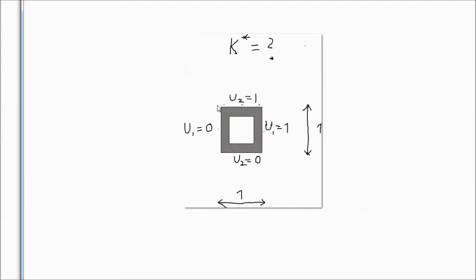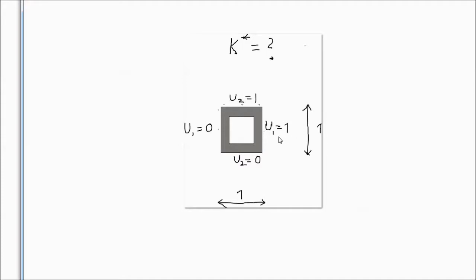And on the left hand side of this unit cell, we choose to let the displacement in the x direction, called u1, be equal to 0. So we fix the displacement in the x direction on this side of the unit cell. On the other side of the unit cell, we choose u1 to be equal to 1.